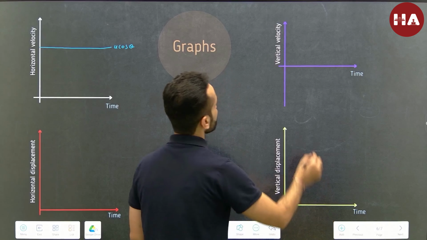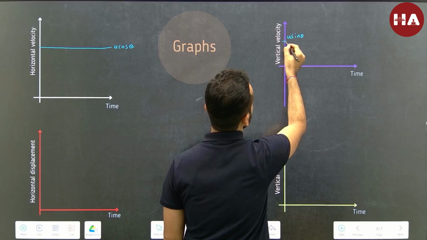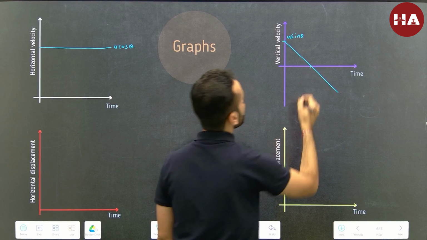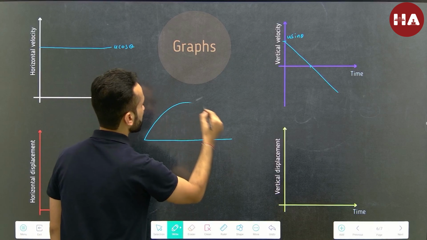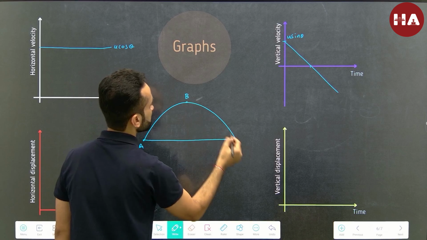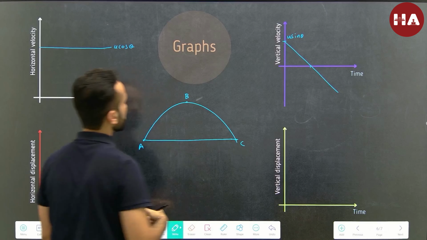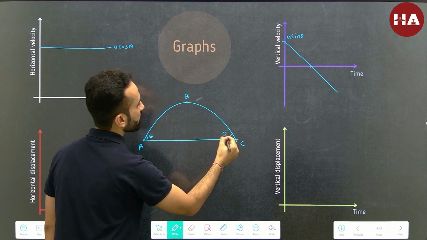Vertical velocity, we started off with u sine theta at A. At B it becomes 0. If you can memorize this diagram, this was A, this is B, and this is C. Okay, so we projected at an angle theta, it will symmetrically land back at theta.